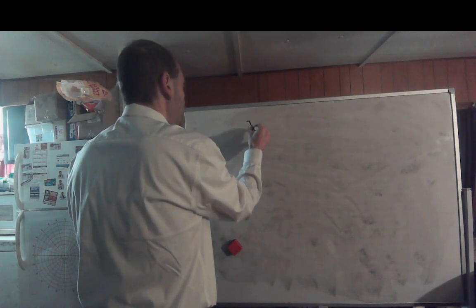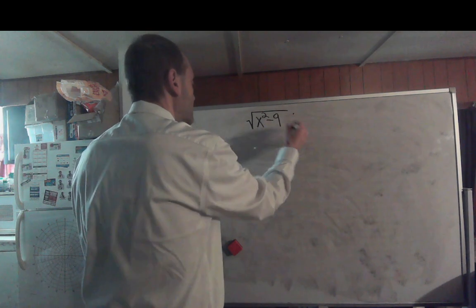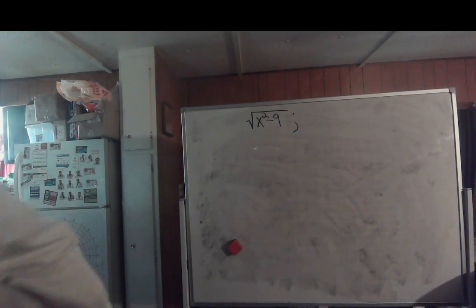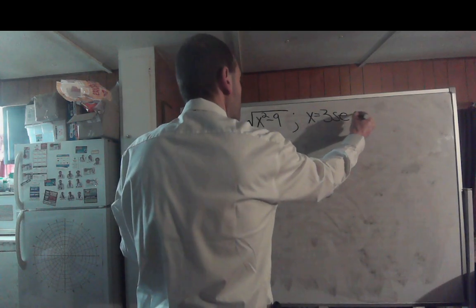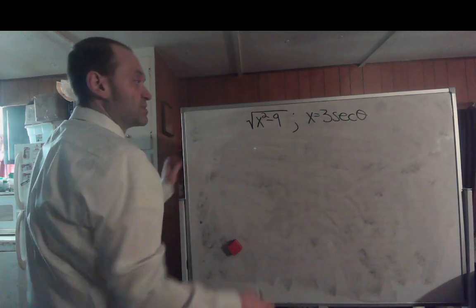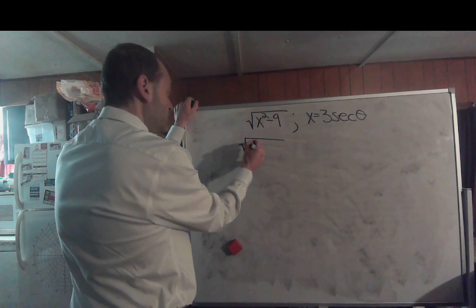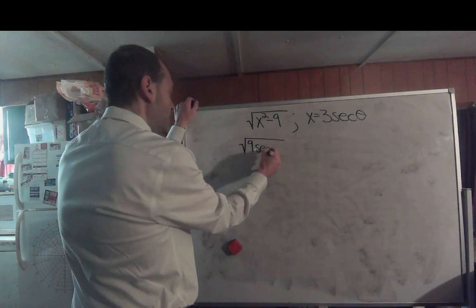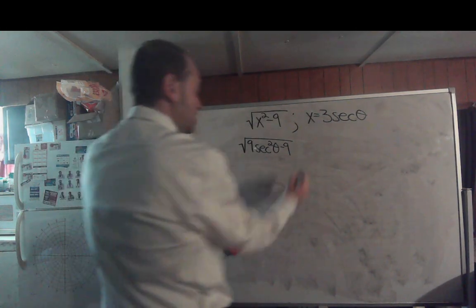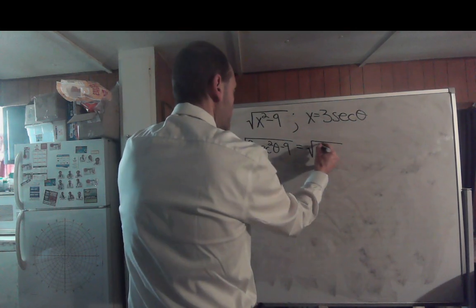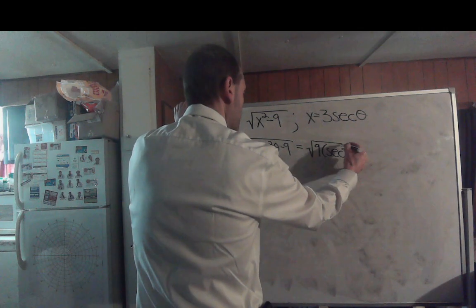Alright, let's see. We have the square root of x squared minus 9, where x equals 3 secant of theta. So we make the substitution for x to be 3 secant of theta, so let's put that in. You would end up getting the square root of 9 secant squared of theta minus 9, which is going to equal the square root of 9 times secant squared of theta minus 1.